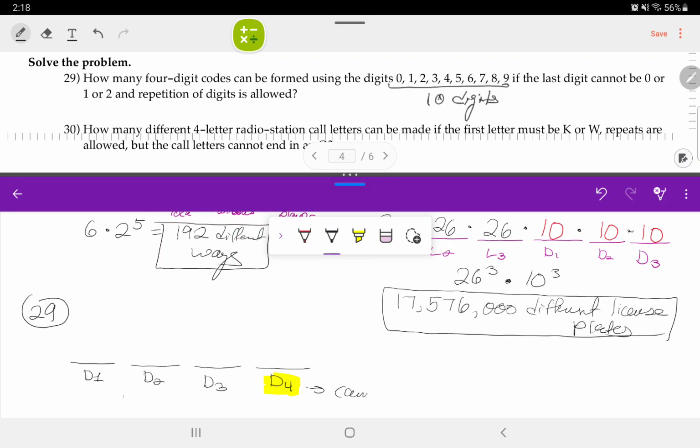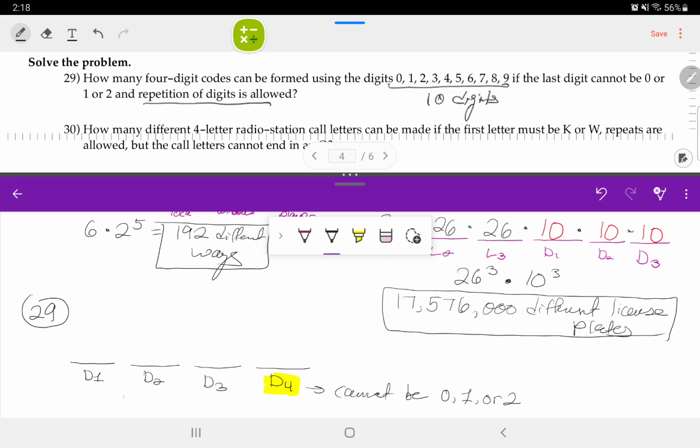Let's keep that in mind when we come to it. There are no restrictions on the first 3 digits, and repetition is allowed.